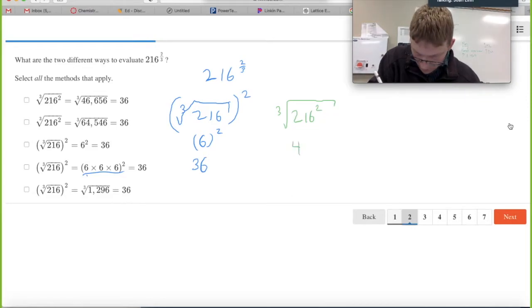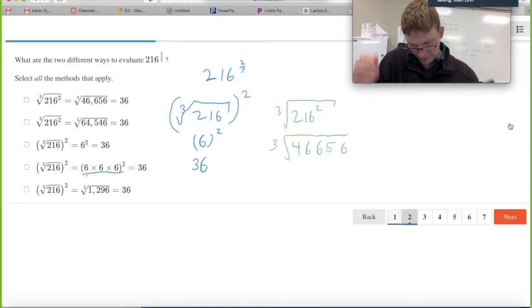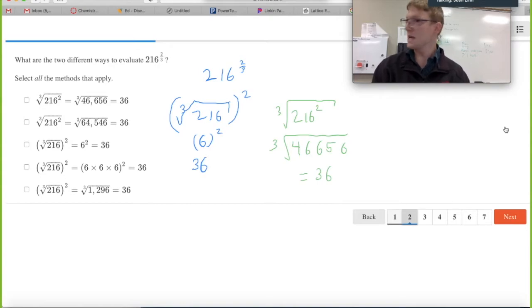So that's going to be 46,656. Cube root. And then, totally just in my head, I'm going to figure out what the cube root of that is. Oh, look, 36. Totally got it. Makes perfect sense. And yes, I will show you how to do all this on your calculator. I mean, in your head later.